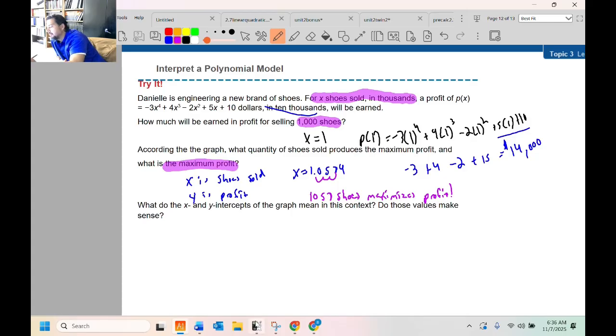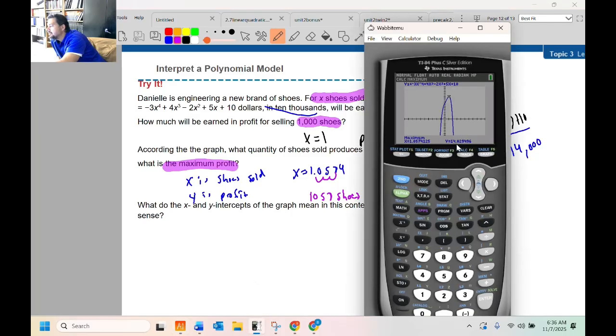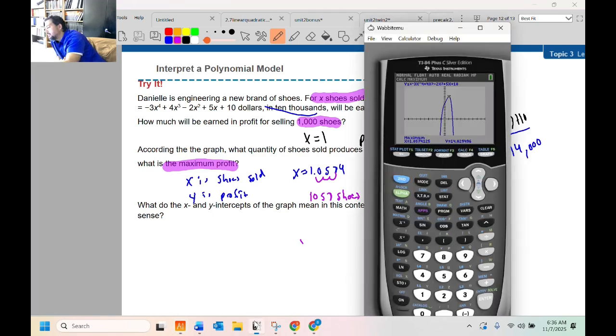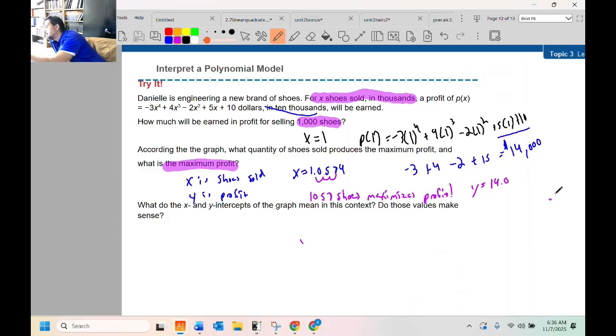What is the maximum profit? Well, that would be the Y value. And that's in 10,000s, 14.02945. Remember, that's in 10,000s.